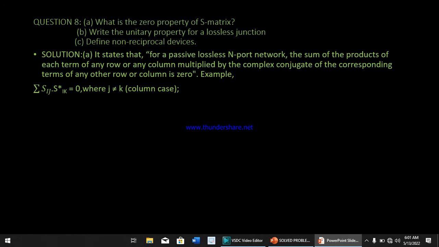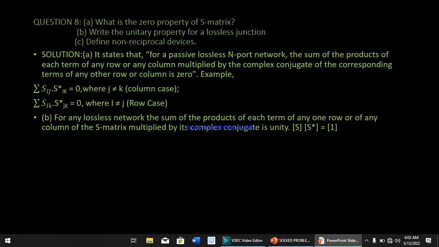This is the column case. If we want to consider the row, the sum of Sik with the conjugate of Sjk must be equal to 0, where i is not equal to j.